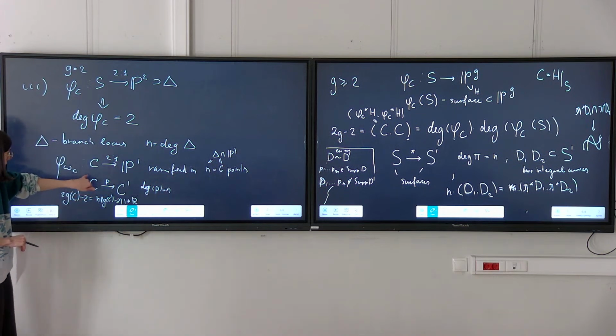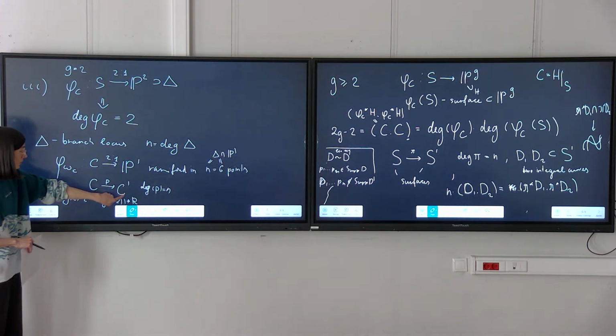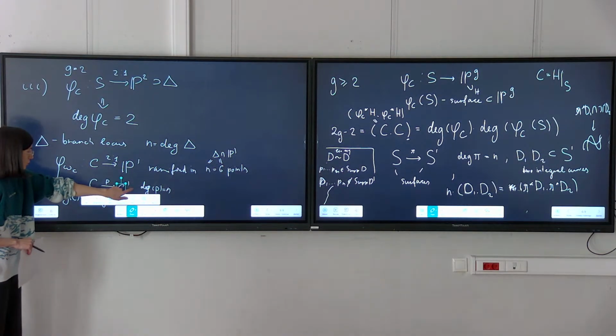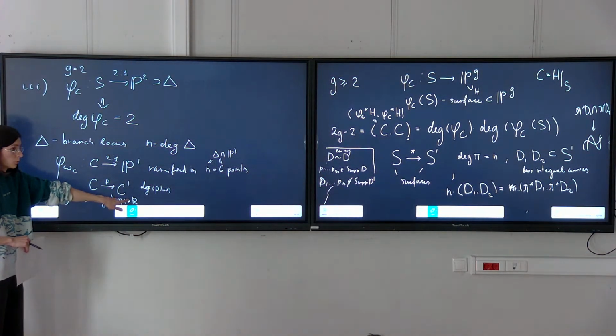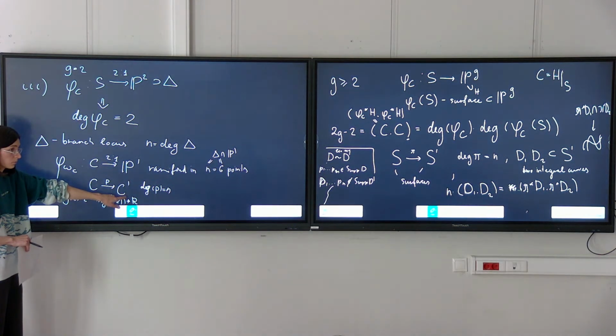So in this case, we have a curve of genus 2 and here a curve of genus 0, right? So how many points are in the ramification for this formula?